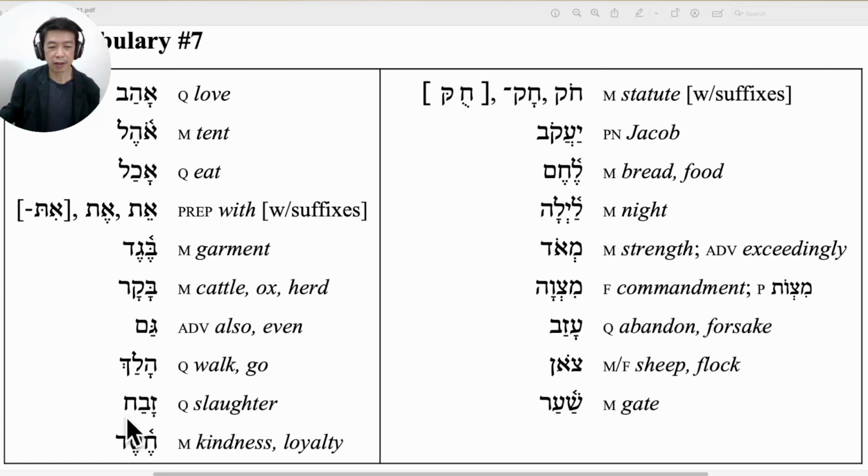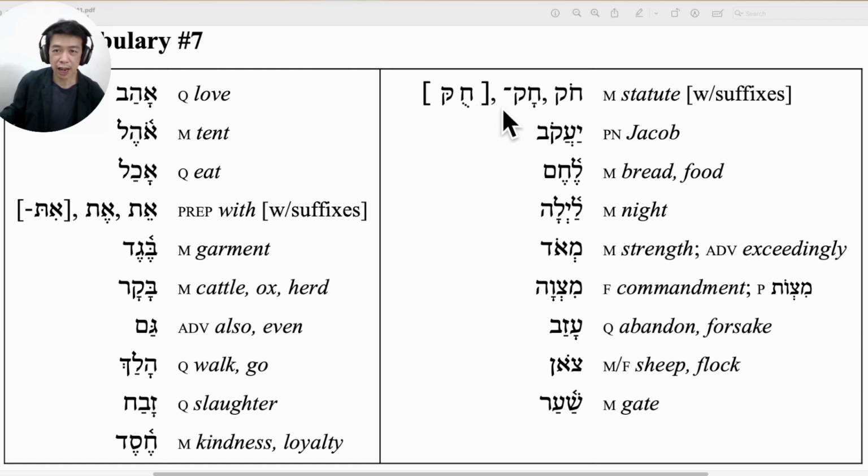The next word is kindness, loyalty, hesed. The next word is statute, chok, and with suffixes it becomes chukkat.